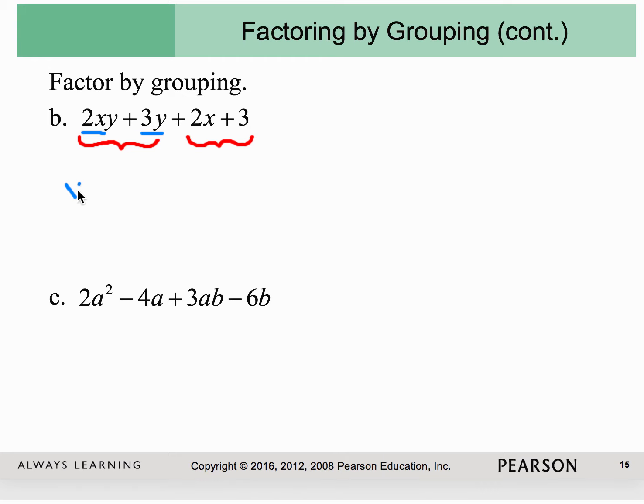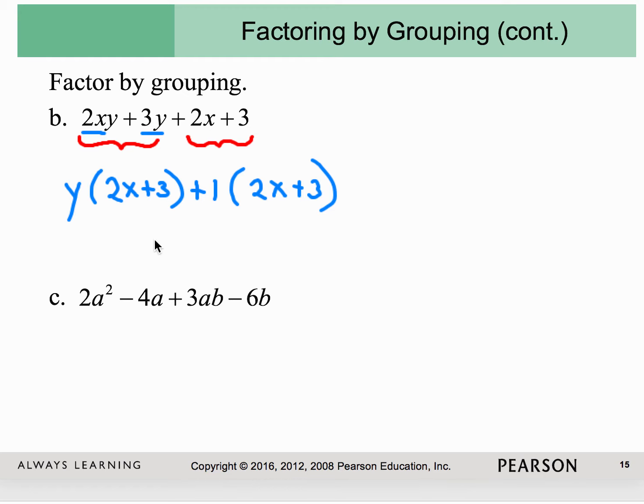A y. Okay, what's left when you factor this y out? 2x plus 3. Plus sign, so no worries. Hey, these don't have any factors in common. If there's nothing else, remember there's always a 1. 2x plus 3.